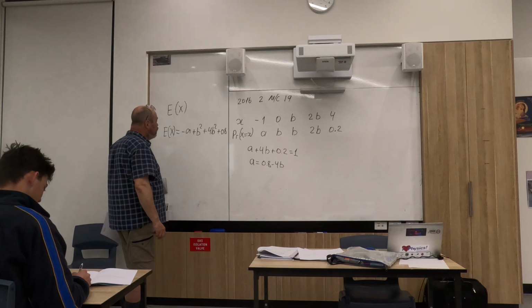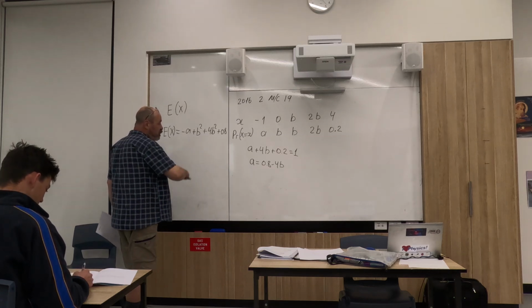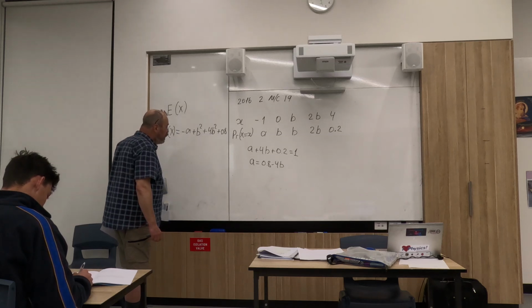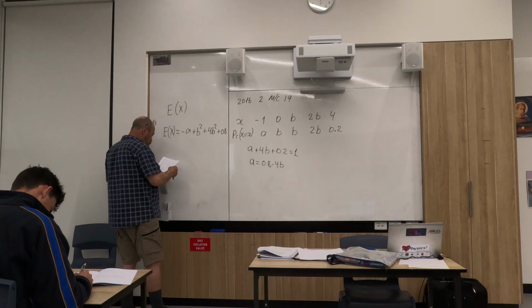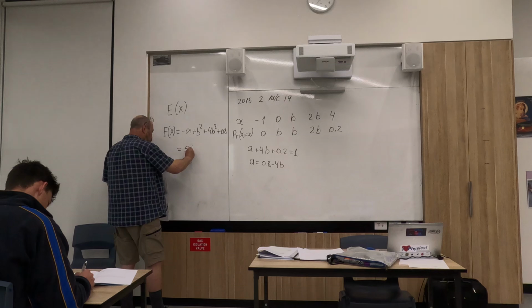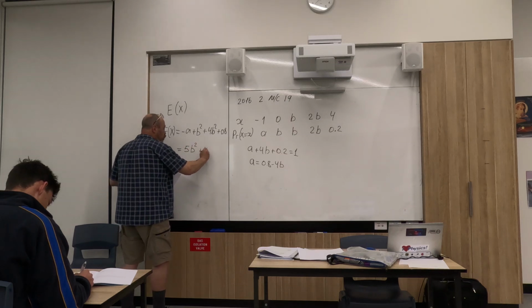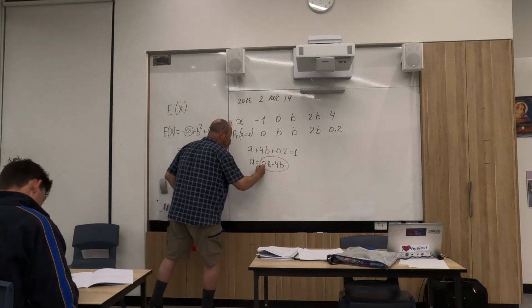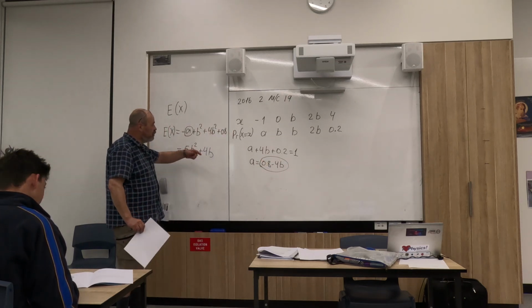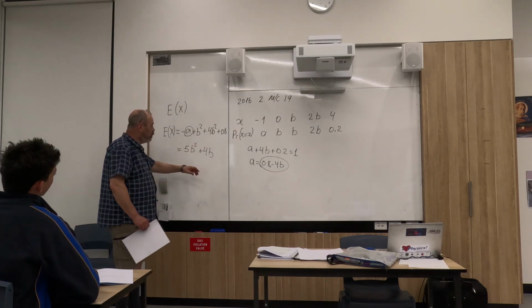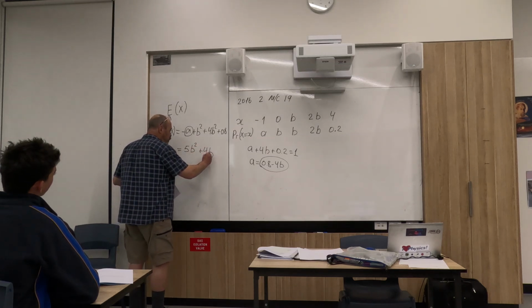Now we can substitute 0.8 minus 4B instead of A. We get 5B squared plus 4B: we get negative 0.8, the 0.8 cancels out, and we get positive 4B. So that is what the expected value is.